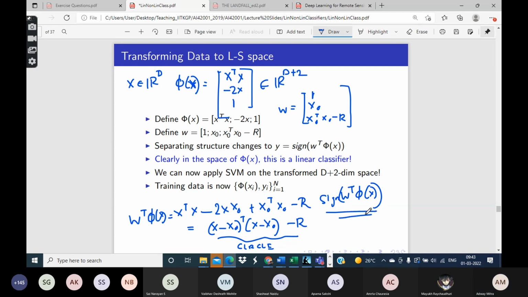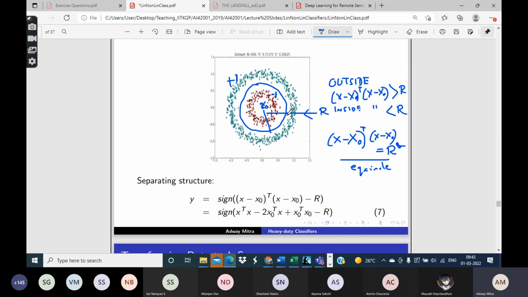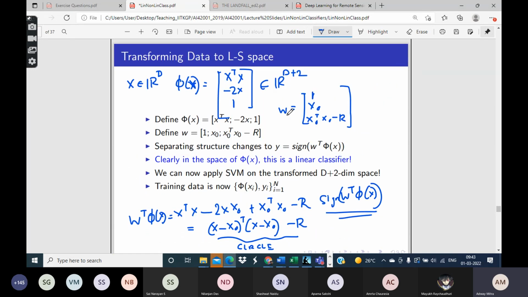Sir, here W always belongs to R to the power 4, right? No, it depends. W depends on what x is. In this case, I considered x as a two-dimensional structure, but in general x is d-dimensional.